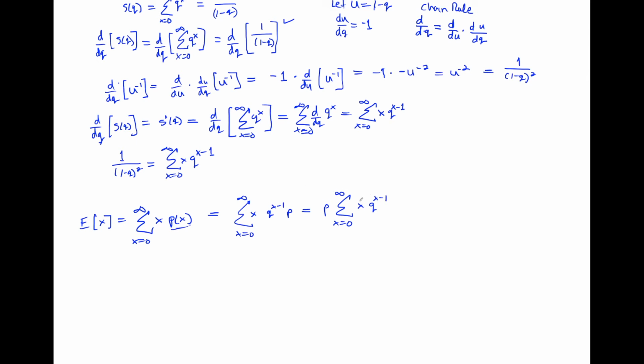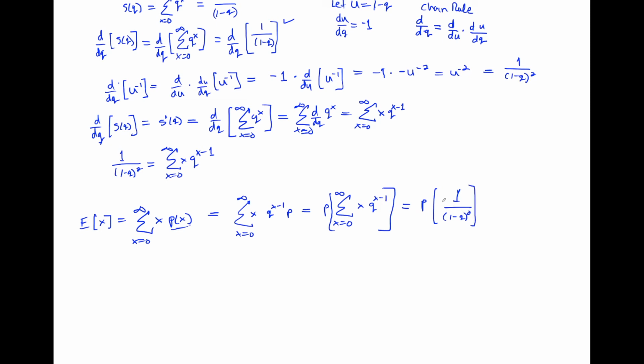We have an x times q to the x minus 1 power, multiplied by our p. So guess what? We have x q to the x minus 1 power, infinite sum from 0 to infinity. We're going to rewrite this using this substitution. So we're going to write p times 1 upon 1 minus q quantity squared.